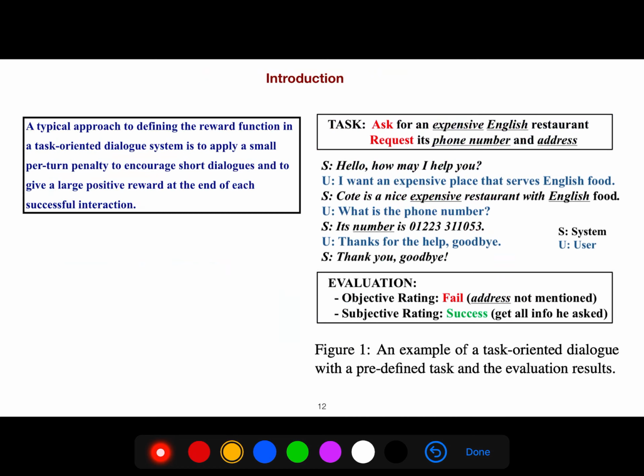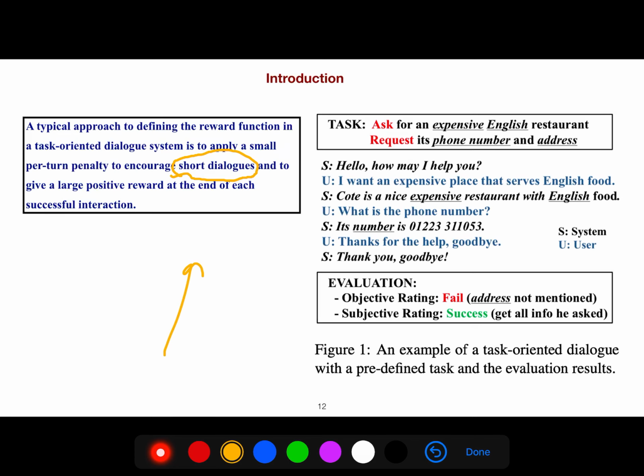A typical approach to defining the reward function in a task-oriented dialogue system is to apply a small per-turn penalty to encourage short dialogues. If we want to answer the question of the customer as briefly as possible, we give a high reward to short dialogues because they can answer the customer as quickly as possible.